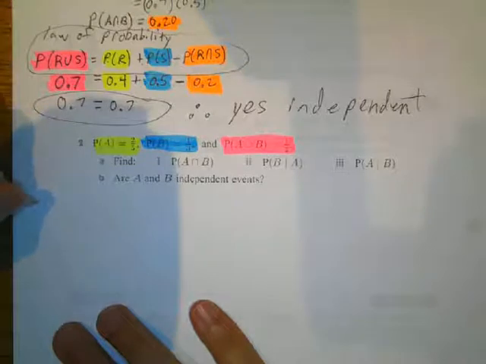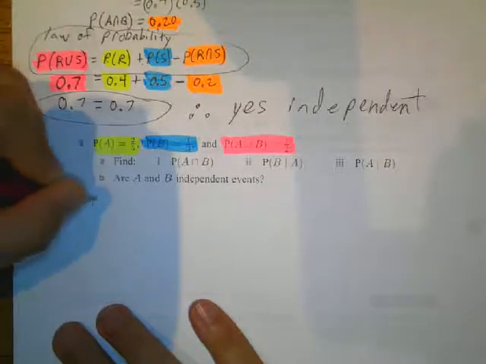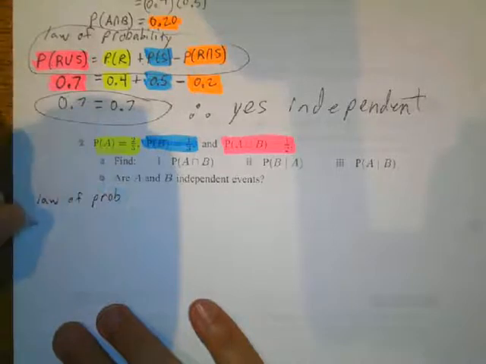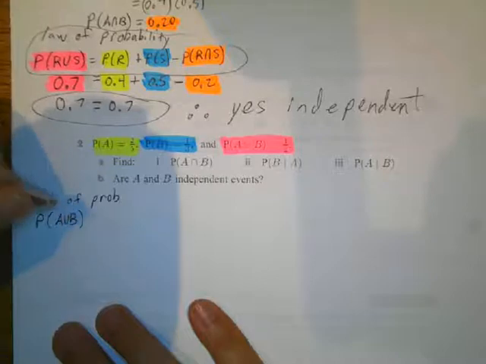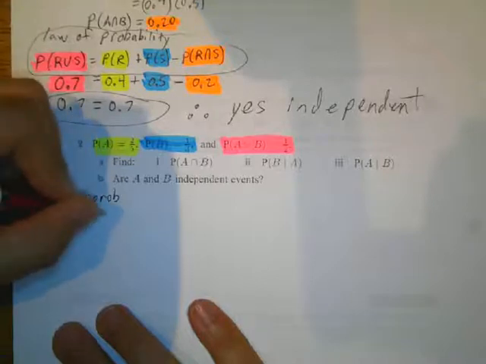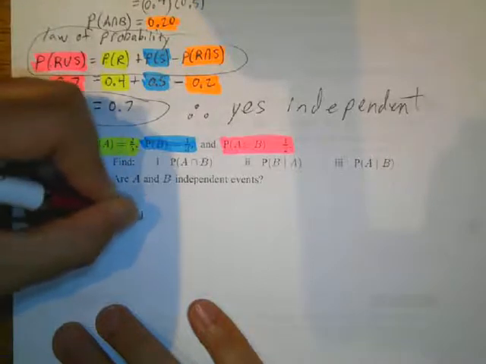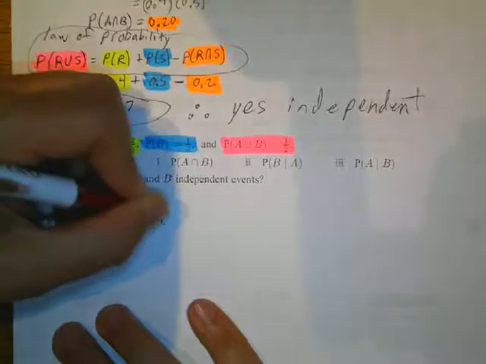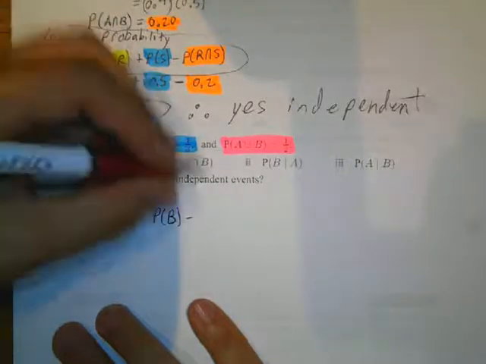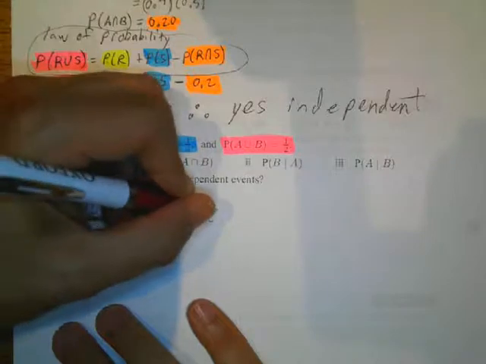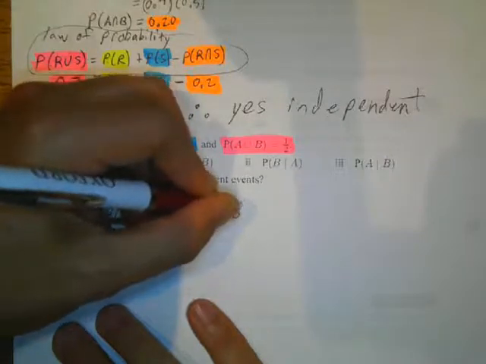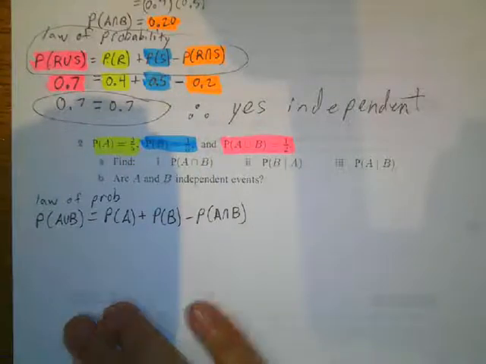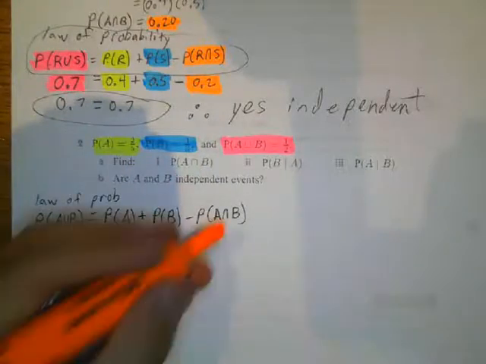So we know probability of A union B equals probability of A plus probability of B minus the probability of the intersection of A and B. Okay, but we're trying to solve for this one here, right?